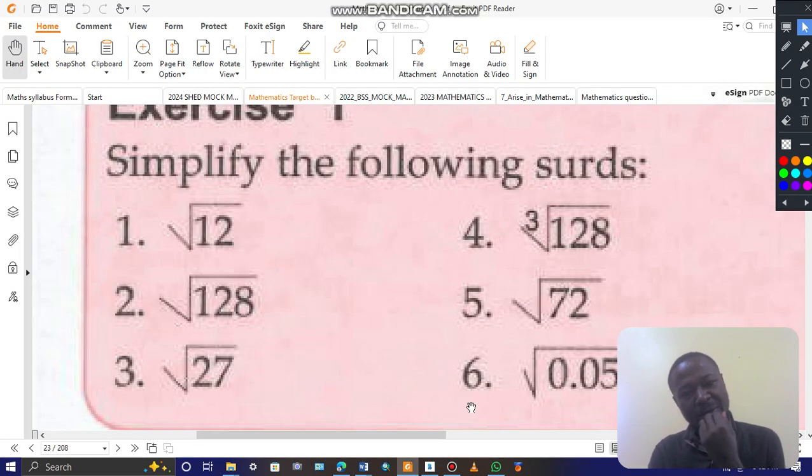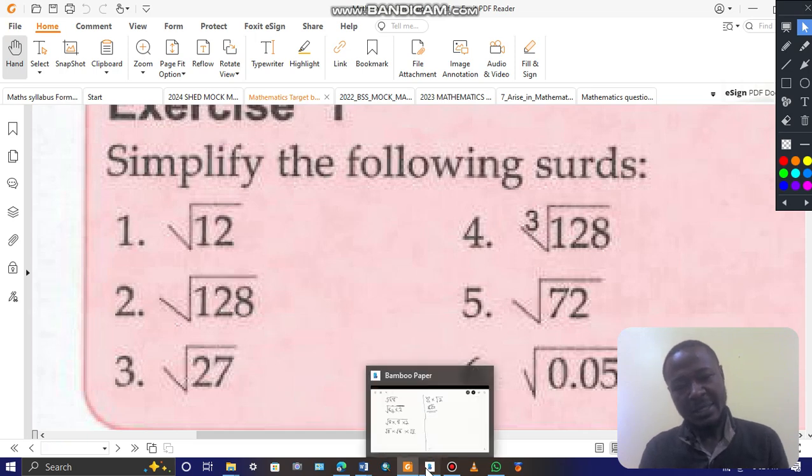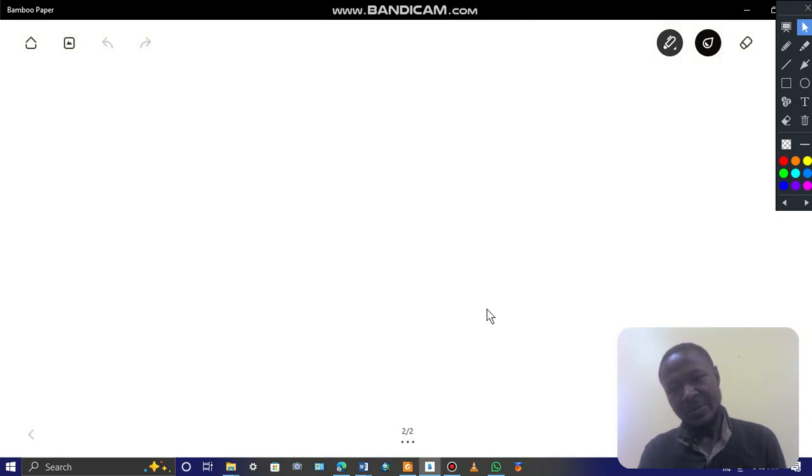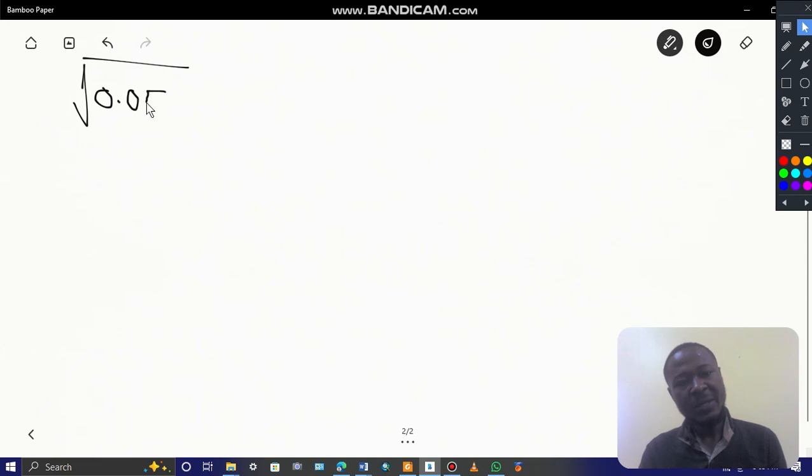Another example, simplify the square root of 0.05. We're supposed to simplify the surd 0.05. To simplify this, we have to express it in the form of a fraction.